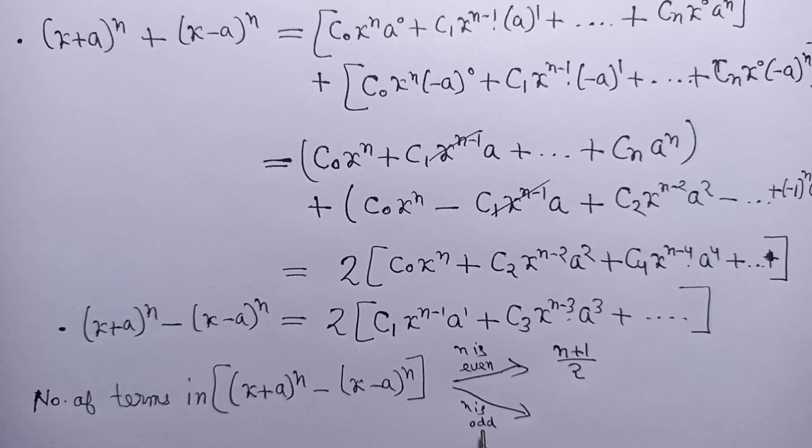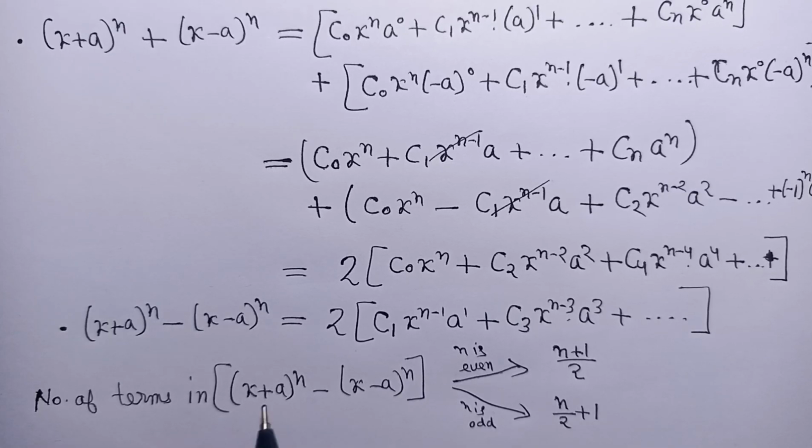And when n is odd, n plus 1 will be even, so you will get n by 2 plus 1 terms. So these are formulas. Verification is important, but we do not have that much time. You can expand this and expand this. This is in general form, and can be any number like 10, 11, something like that. So in general, whenever they ask number of terms in this expansion, you should write like this: n plus 1 by 2 and n by 2 plus 1.